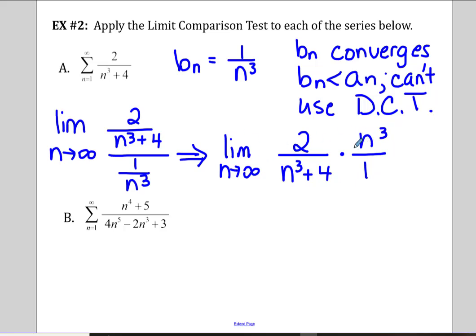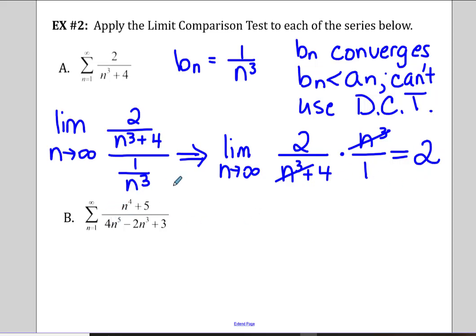At infinity, the n cubed in the denominator is gone, and adding 4 times 1, that doesn't really matter. So our limit as n approaches infinity is 2.